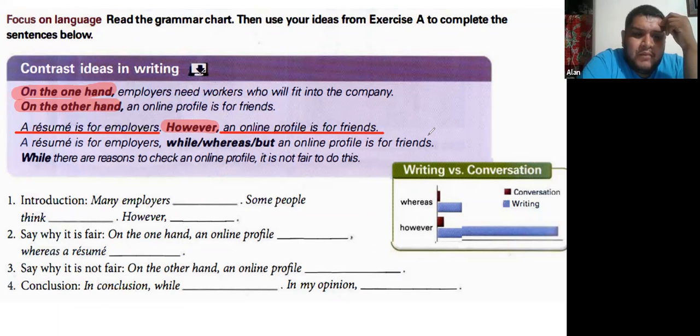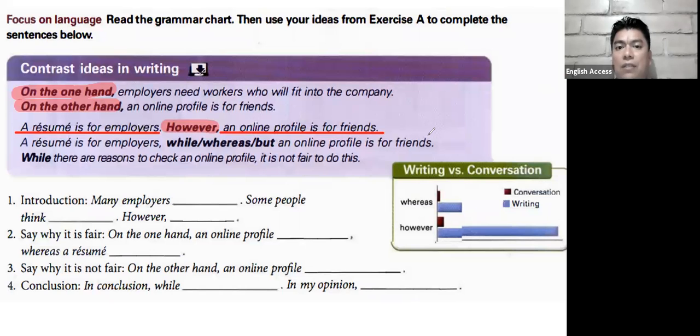Contrasting. A resume is for employers. An online profile is for friends. Correct. We also need to pay attention to how this however is after the period and after the first clause. So you have the first clause, period. However, your second option. We have other expressions.